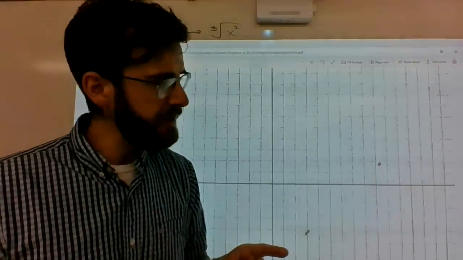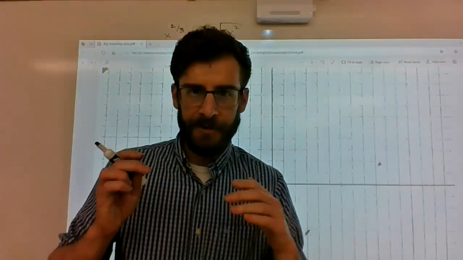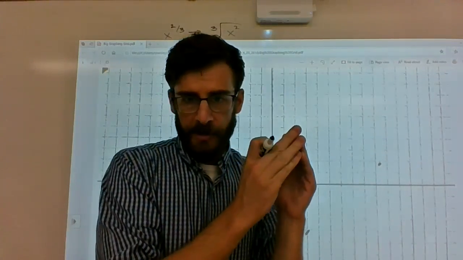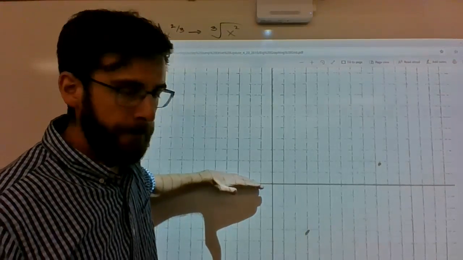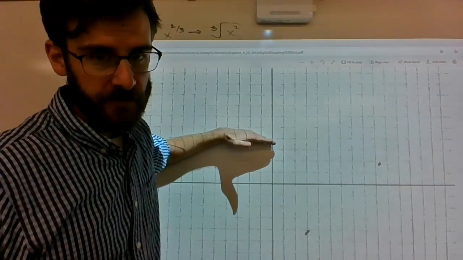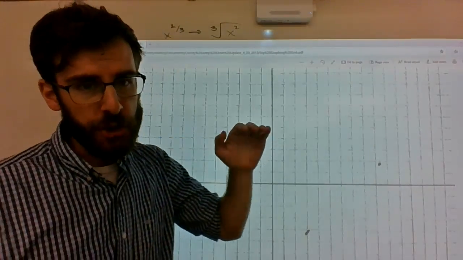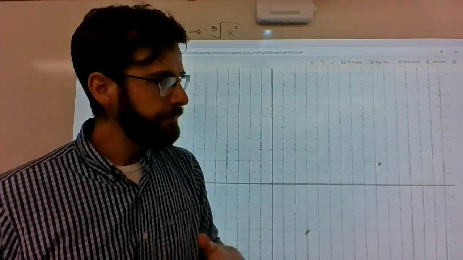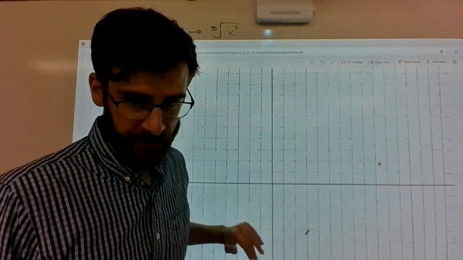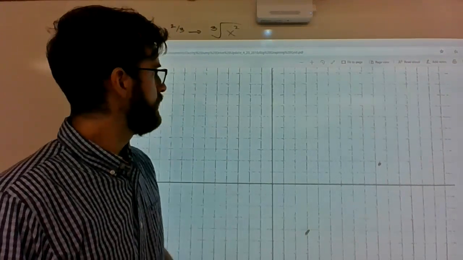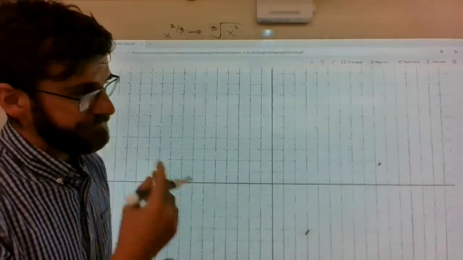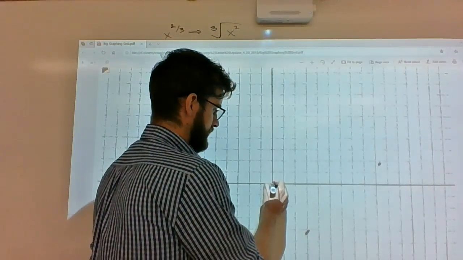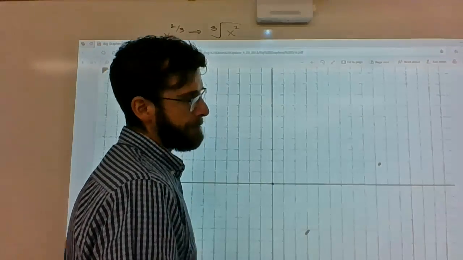So the first thing that this tells us is anything that's bounded by a 2/3 exponent is automatically propelled above the x-axis. Now, you can shift it up or down, so it can go below the x-axis, say if you threw a negative out front and flipped it, or shifted it down. But at this point, it's not going below this point.